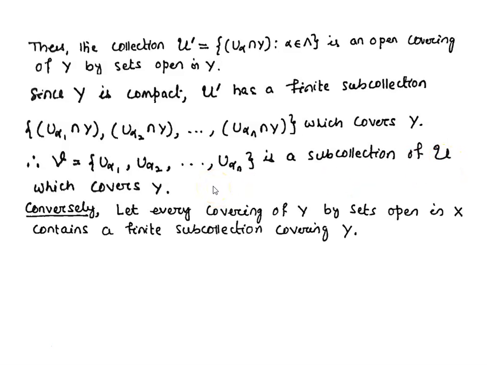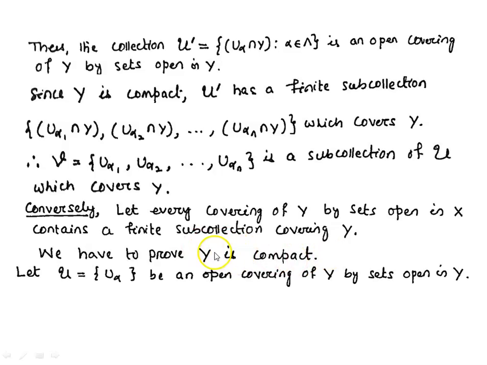This is one direction of the proof, because initially we took a collection U which covers Y by sets open in X, and we got a finite subcollection V of this U which covers Y. Now to prove the converse, let every covering of Y by sets open in X contain a finite subcollection covering Y. We have to prove that Y is compact.